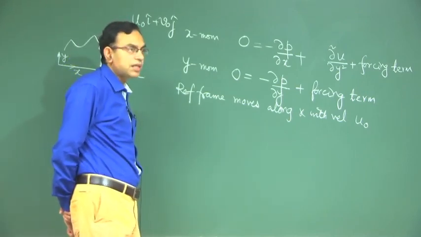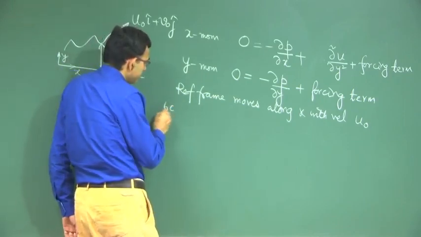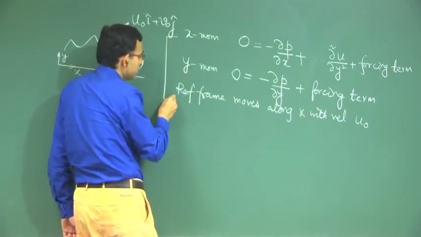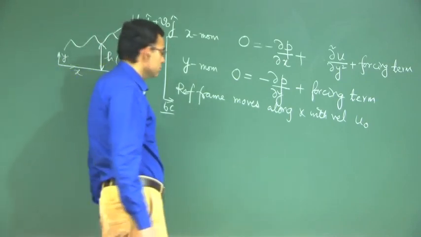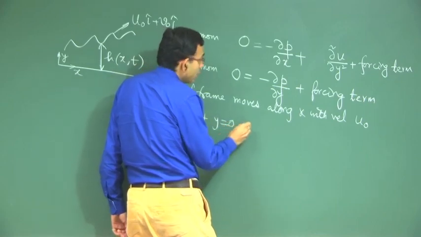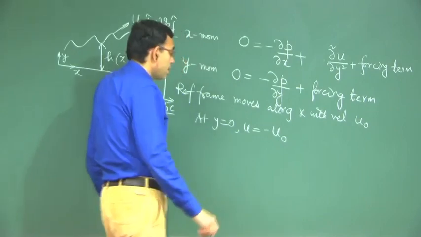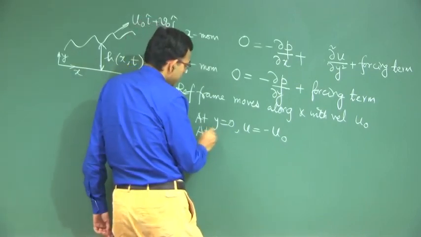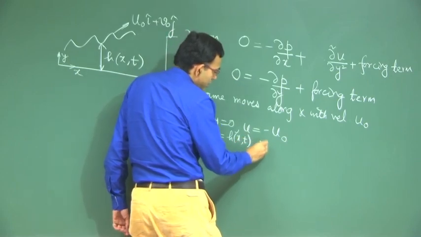So, if that be the case, then the boundary conditions for this equation are: at y is equal to 0, u is equal to minus u0, and at y is equal to h, which is a function of x and t, u equal to 0.